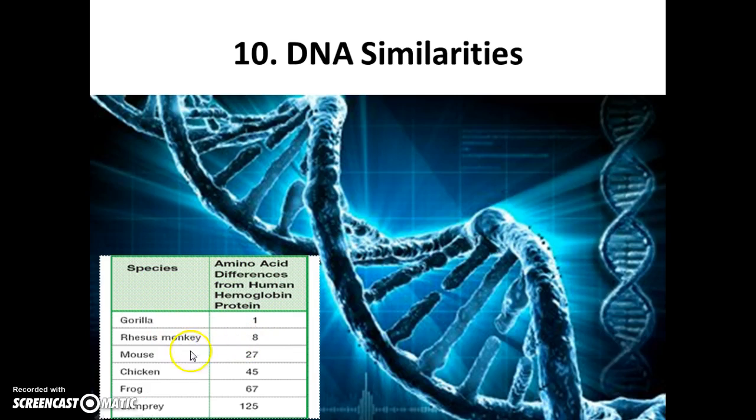Rhesus monkey has 8, mouse has 27, and you get all the way down here to a lamprey, which is a type of fish, and there's 125 differences in their hemoglobin. All of these organisms have the protein hemoglobin, but it's a different version because it's been modified in different ways as evolution has progressed. So that shows the evolutionary relatedness between organisms with similar DNA making similar proteins.